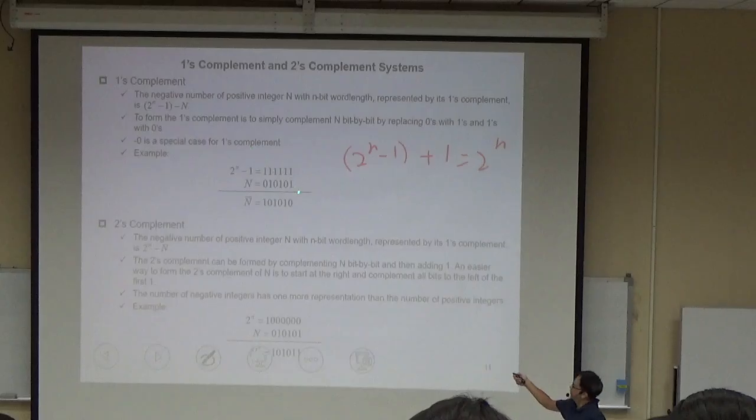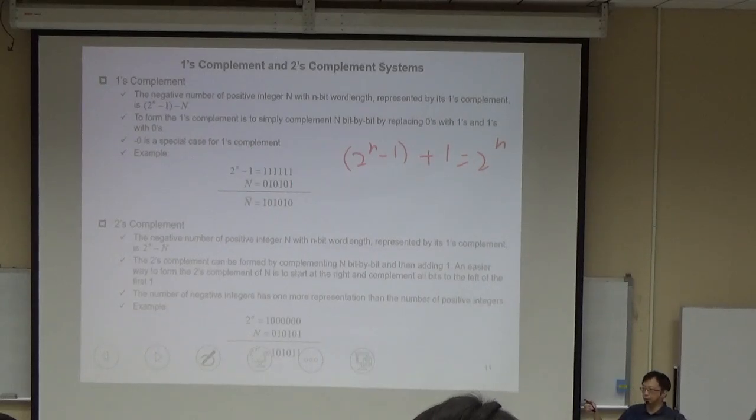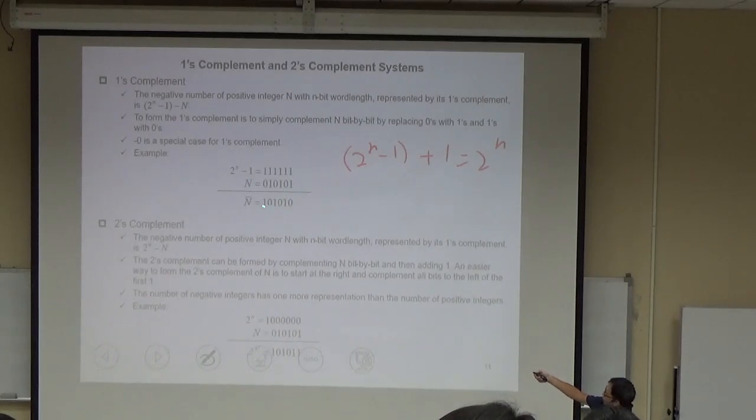And we convert 1 to 0 and 0 to 1, which becomes minus n for the one's complement expression. So this 0, 1, 0, 1, 0, 1 becomes 1, 0, 1, 0, 1, 0. That's minus n, the expression for minus n in the one's complement system. Okay.